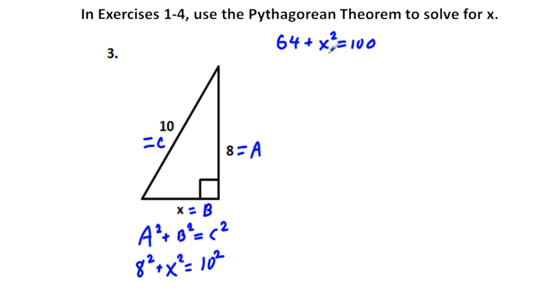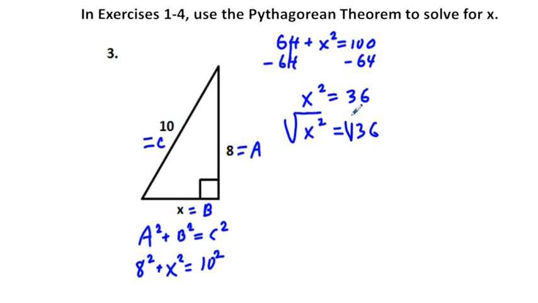And solving for x, we're going to subtract 64 from both sides of this equation. And so we have x squared is equal to 100 minus 64, which is 36. And so x squared equals 36. We can solve for x by taking the square root of both sides of this equation.